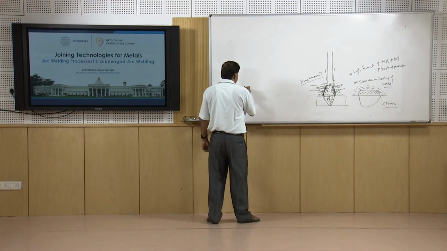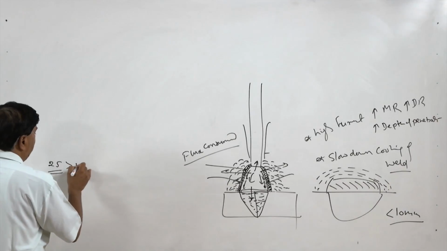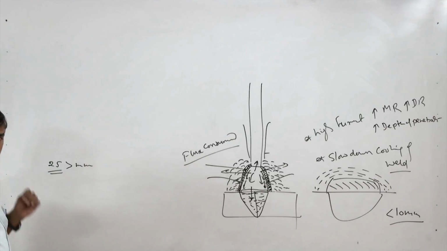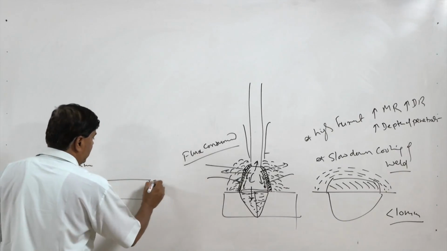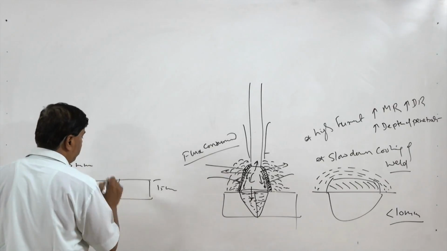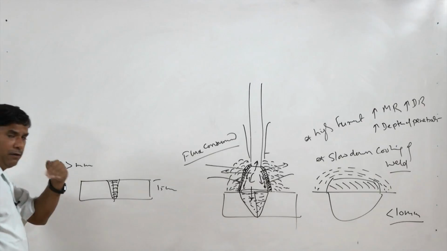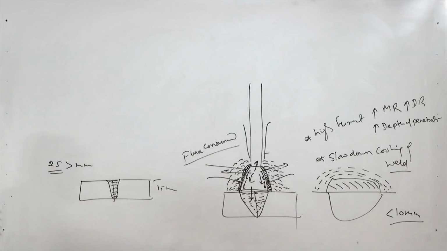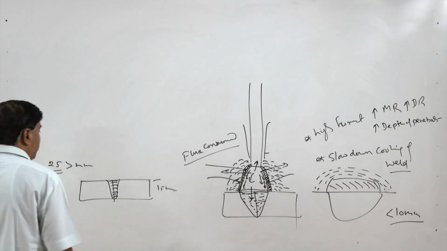Normally it is applied when plates of greater than 25 mm thickness are to be welded. Plates up to, say, 15 mm thickness can be welded directly in a single pass without edge preparation using a square groove. So, in one go, things can be brought to the molten state and through-thickness penetration can be achieved.